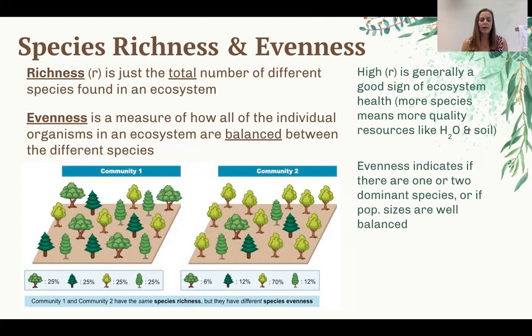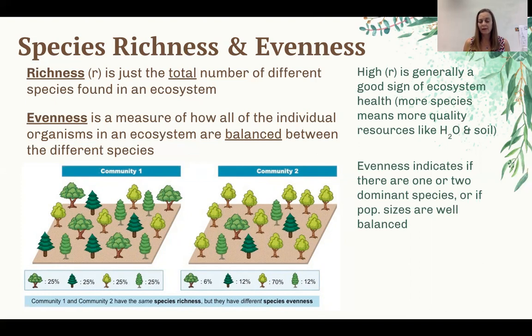If we look at this example, we have a community of trees here on the left that have a certain number of types of trees. I think 4 different types of trees here, but there are equal numbers of each of those species. Community 2 has the same richness. It still has 4 different species of trees, but the vast majority of trees are all one species.